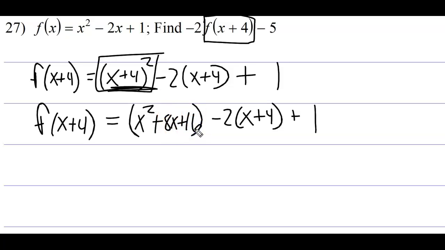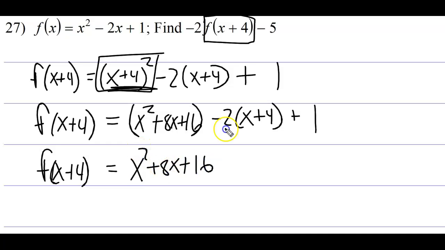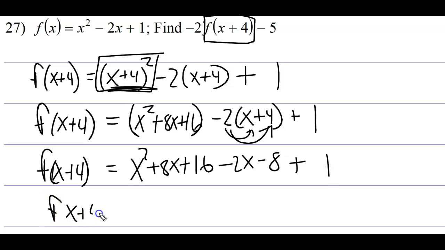The next thing that we're going to do is go ahead and do any sort of distribution that we might have to do. Here I've got to multiply the 2 inside the parentheses there. And then finally we're going to combine like terms.